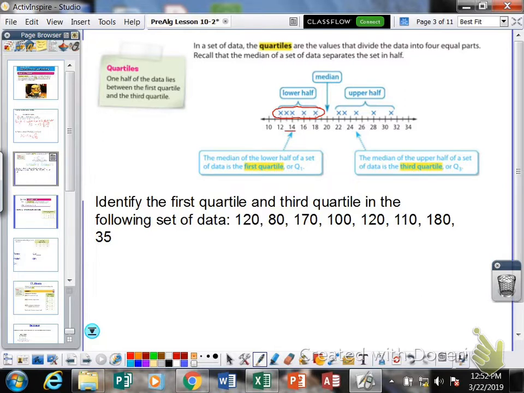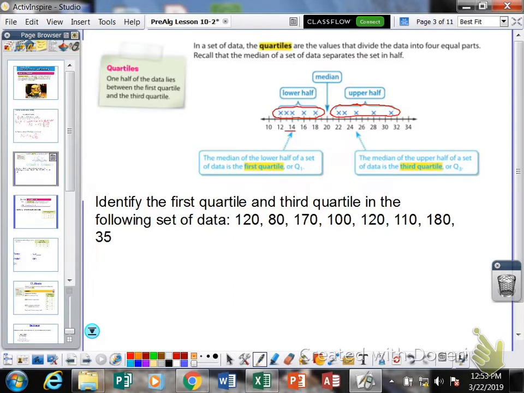Now the median of the upper half of the data is our third quartile, or Q3. Again, notice there's 5 x's here, just like there were on the lower half of the data. When you're splitting this data up into the lower half and the upper half, they have to have the same amount of numbers on each half.